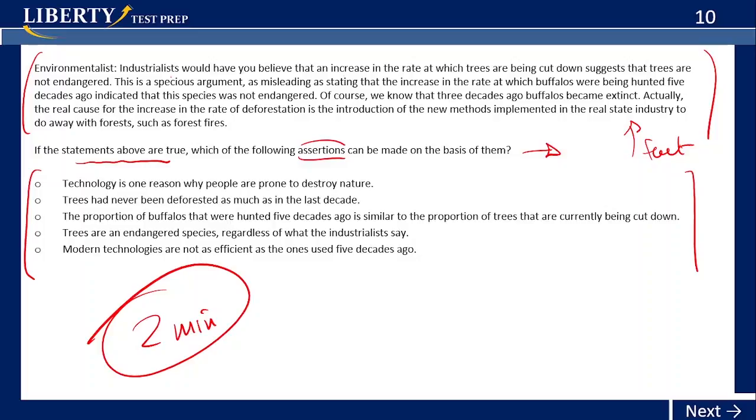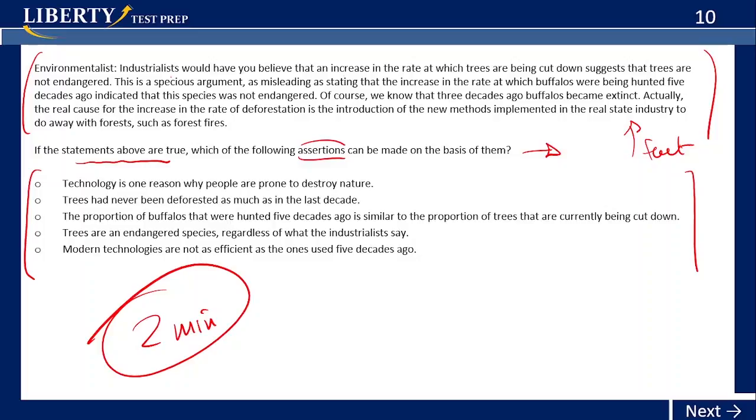Of course, we know that 3 decades ago, buffaloes became extinct. Actually, the real cause for the increase in the rate of deforestation is the introduction of the new methods implemented in the real estate industry to do away with forests, such as forest fires.